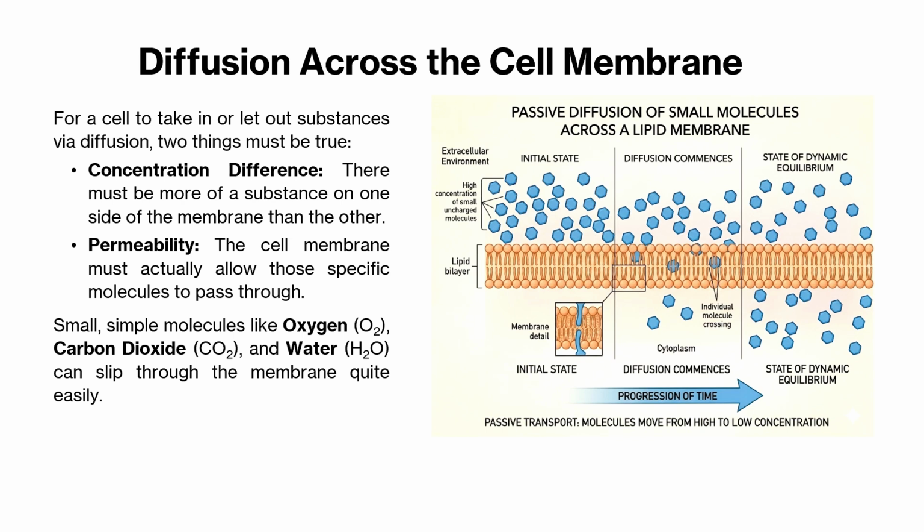This is why when we breathe in, oxygen naturally diffuses from the high concentration in your lungs into the lower concentration in your blood cells. No energy or pumps are required. It just flows through the fence, through the cell membrane.